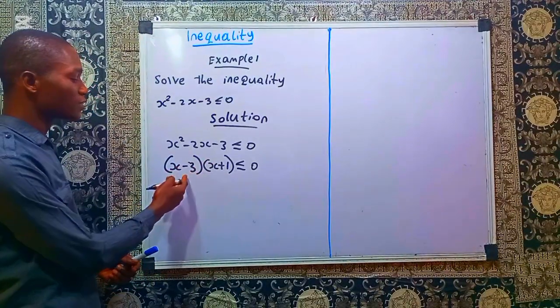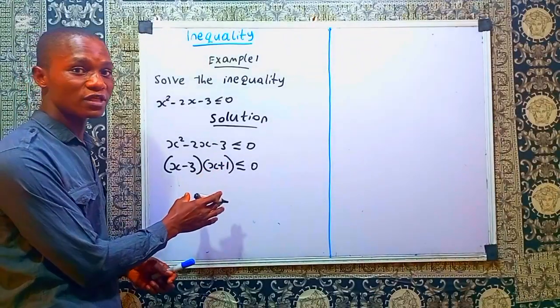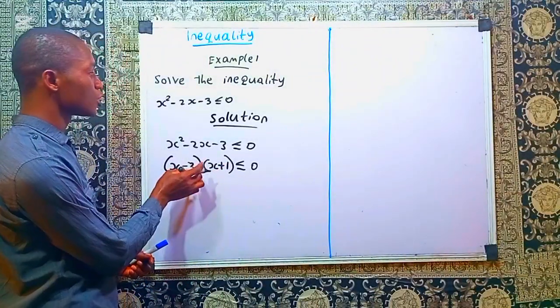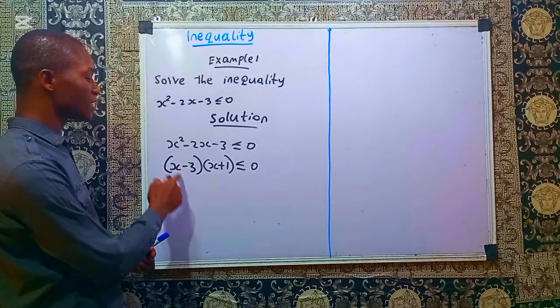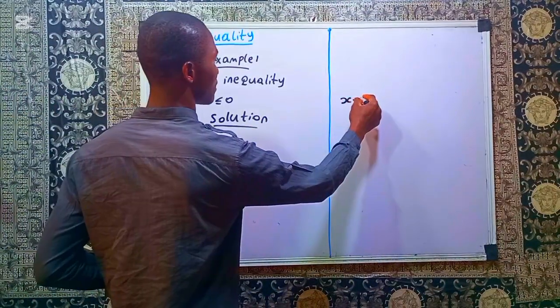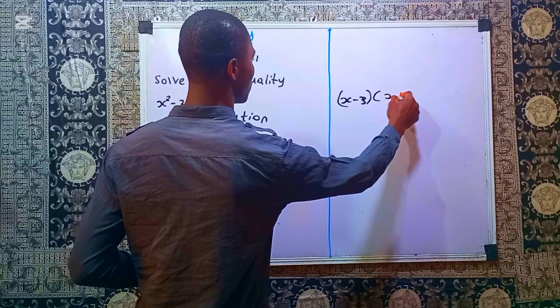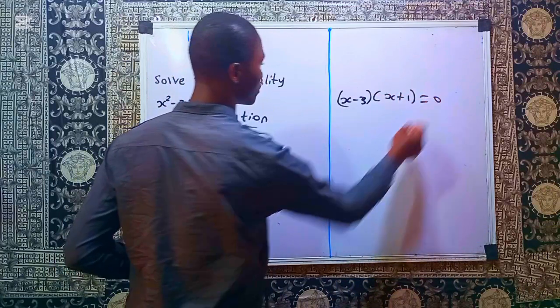If you want to find the solution of the inequality, you are going to assume the method of solving a quadratic equation. So assuming I have this quadratic equation and I factorize it, it means I'll be having x minus 3 multiplying x plus 1 equal to 0, right?